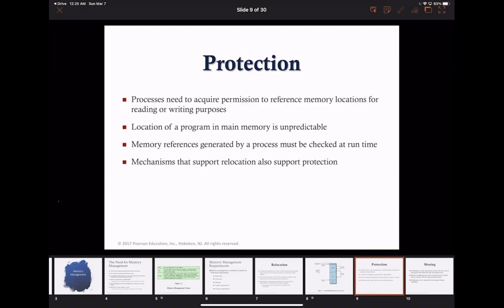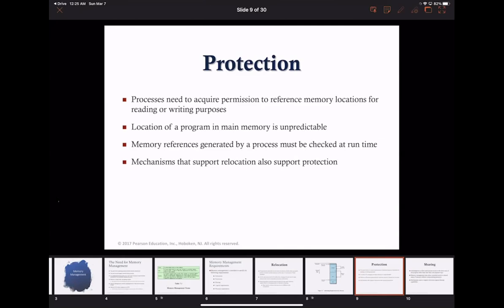In one sense, satisfaction of the relocation requirement increases the difficulty of satisfying the protection requirement, because when you return a process back into the main memory and relocate its addresses, you may overwrite some of the memory locations assigned to other processes. So how would you guarantee protection and relocation at the same time?